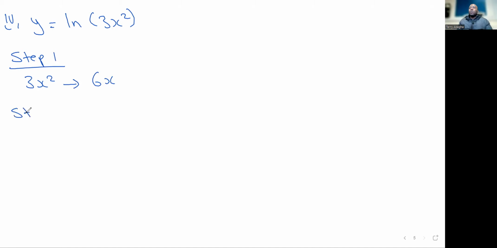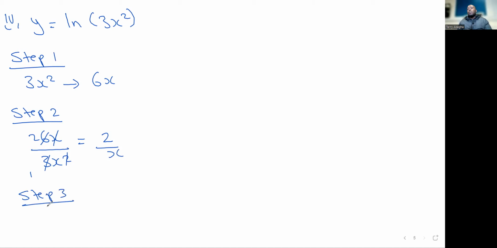Step 2, you divide 6x by the original element there, so it's going to become 6x divided by 3x squared. X is going to cancel one of these, then 3 over 3 cancels, and that will give you 2 over x. So step 3 will now be dy over dx is equal to 2 divided by x, and that will be the answer for that.